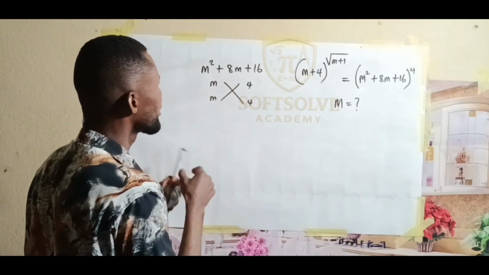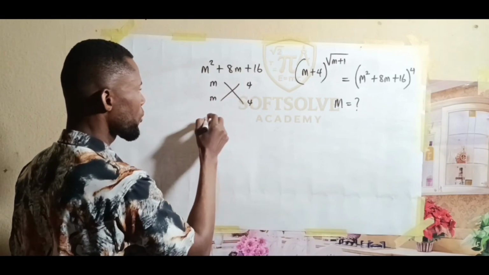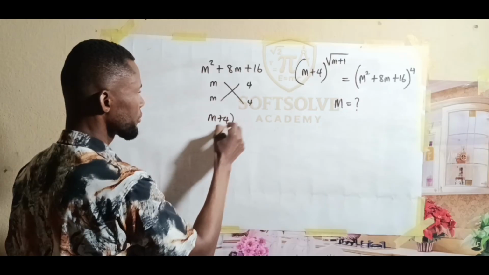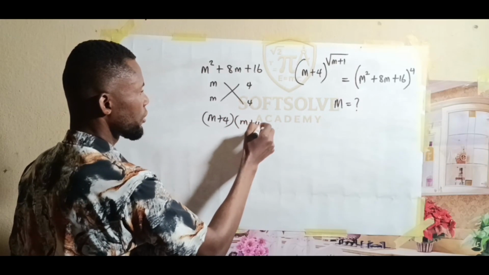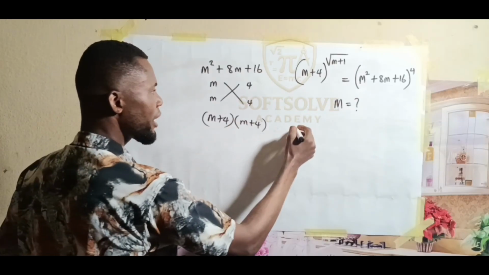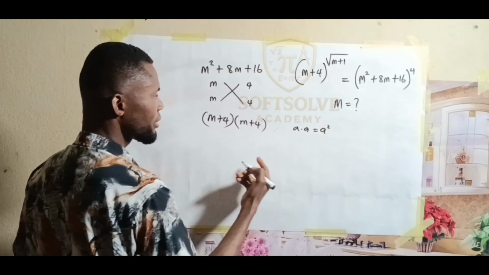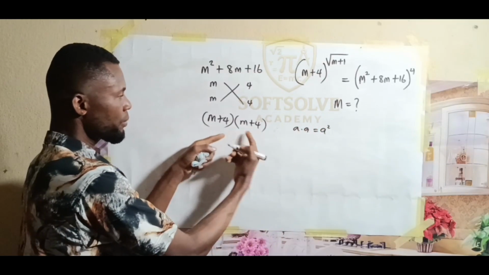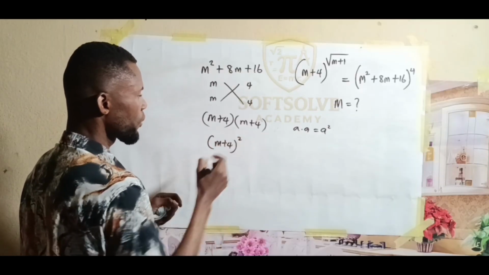So that means when we finish factorizing this, we'll be having m plus 4 times m plus 4. When you have a times a, definitely you're going to have a squared. So when you multiply this, you'll have m plus 4 all squared.